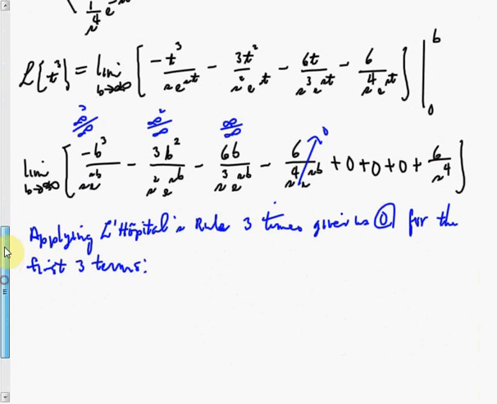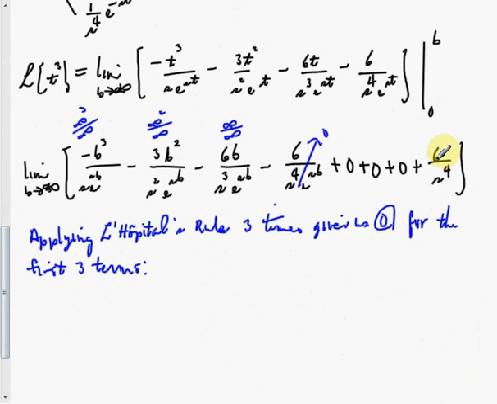So we end up with that tail over there being our answer. So the Laplace transform of t to the third is equal to 6 over s to the fourth.